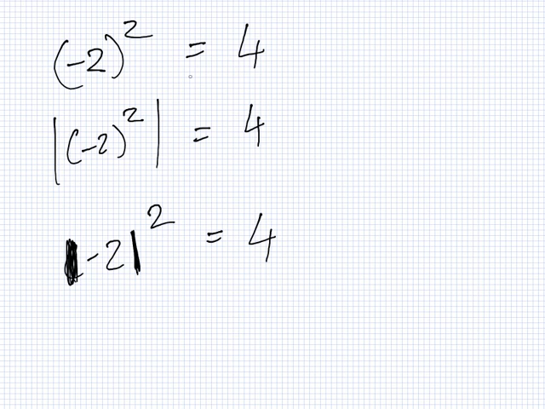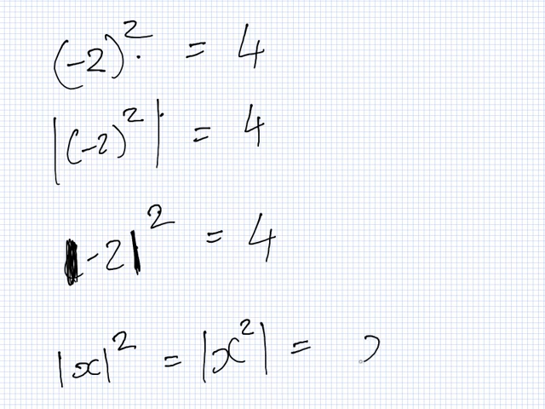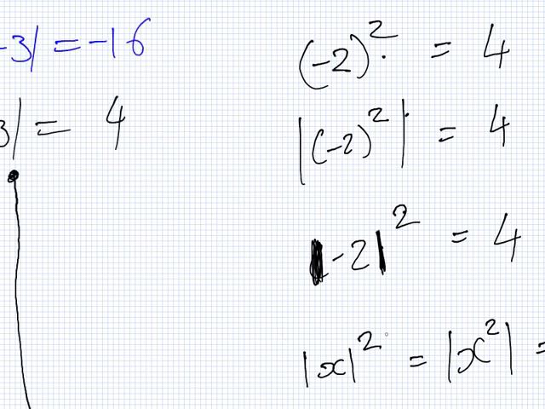So notice that if you have the absolute on the outside of the square, or if you have the absolute on the inside of the square, the answer's always the same. So basically, if you ever have an absolute and a square together, and it doesn't matter which way around it is, you can always drop the absolute. The answer is still the same. Because like you said, squaring makes it positive anyways. So squaring is one technique to get rid of the absolute.